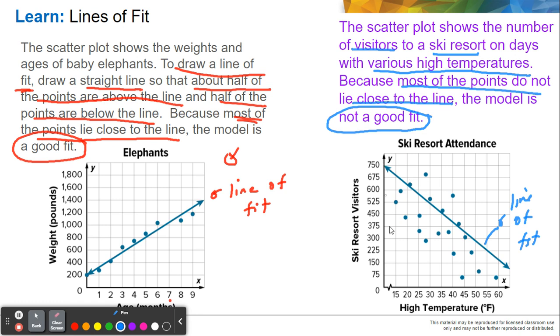It doesn't mean that the higher the temperature, the higher or the lower our number of ski visitors in our resort. That's how to determine if the model is a good fit: if the points lie close to our line of fit. It will not be a good fit if most of our points are away from our line of fit.